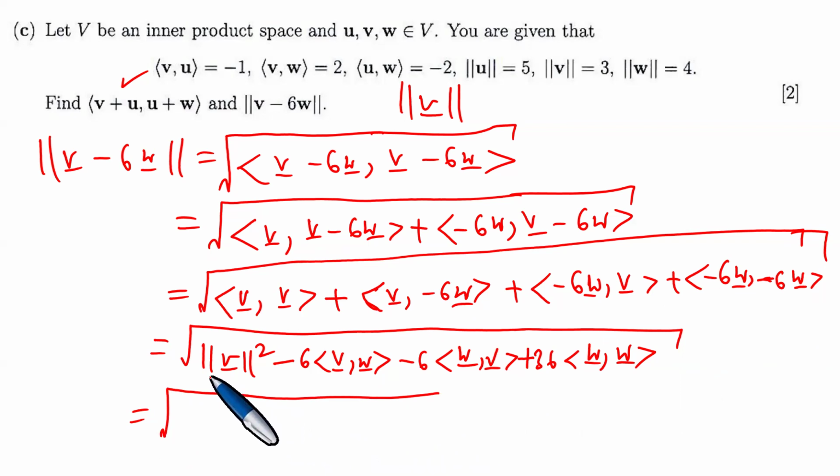If you look at the length of V, the length of V is going to be 3 squared. Now this VW is 2. So this is going to be 6 and 2 here, -6, and then there is WV. Is it the same thing?